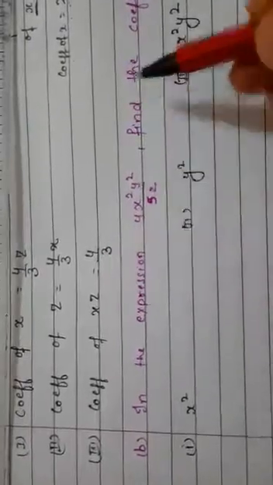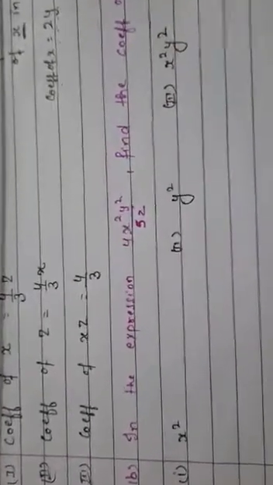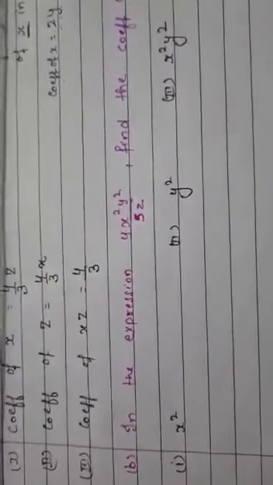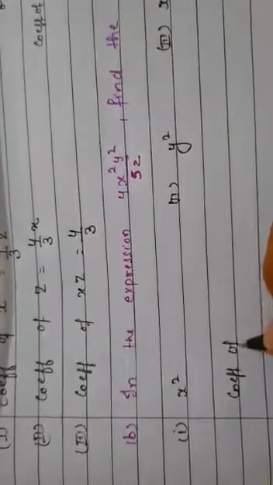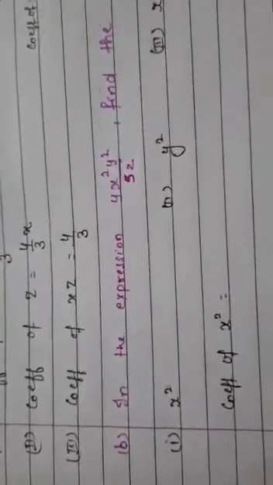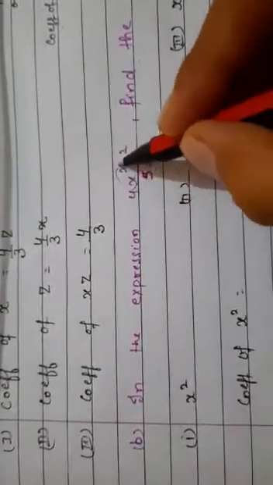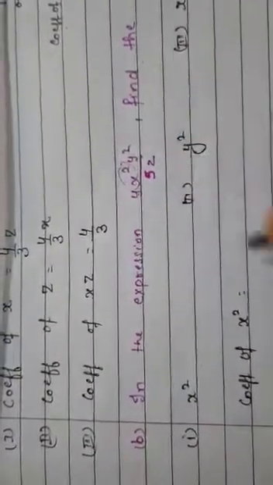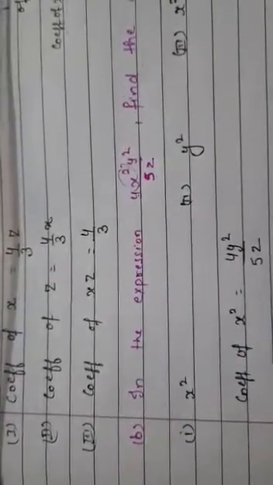See this also, same. In this expression we have to find the coefficient of x square, y square and x square y square. The same way we did the earlier part, we will write the coefficient of x square is equal to, what is the coefficient of x square? Leaving only x square, it is 4y square upon 5z.